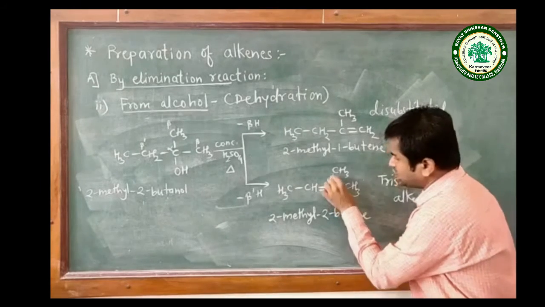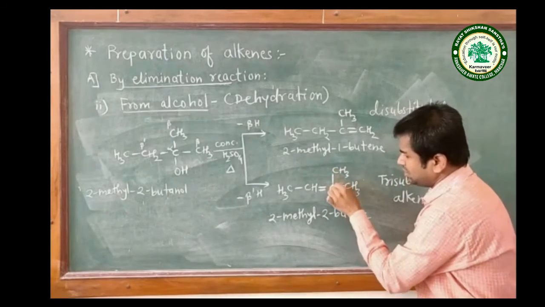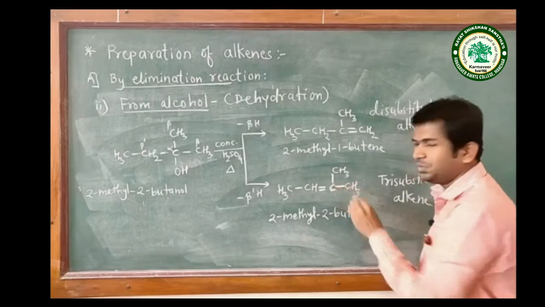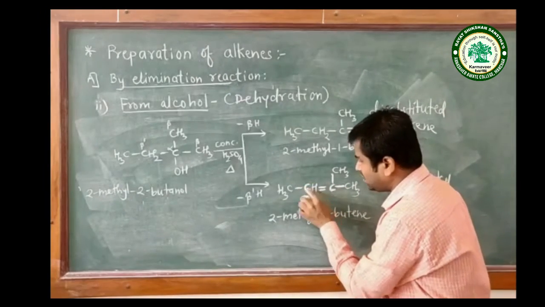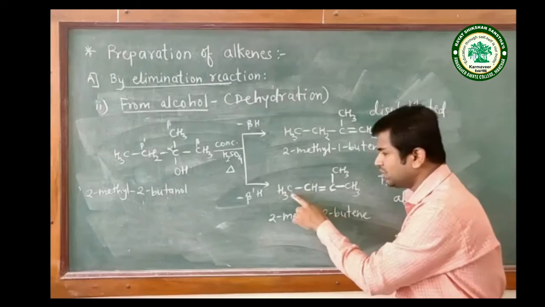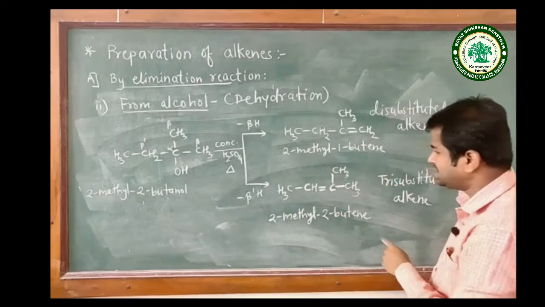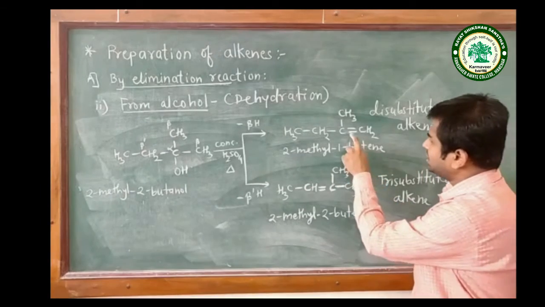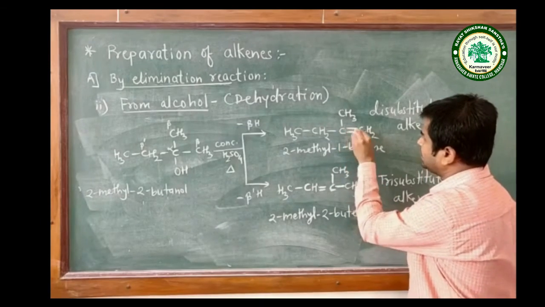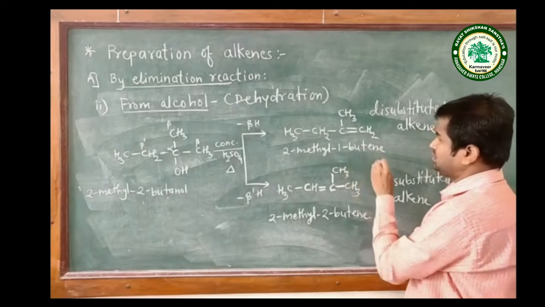See, this carbon is having two substituents. One, this is methyl, this is methyl. And this carbon is having one hydrogen and one methyl. So this is one more substituent. That means this product is having three substituents, while this alkene is having only two substituents.